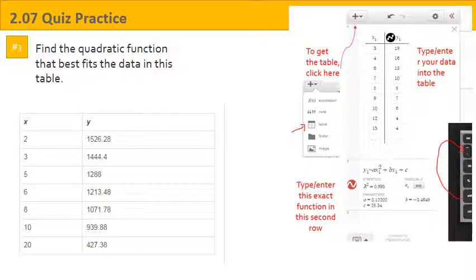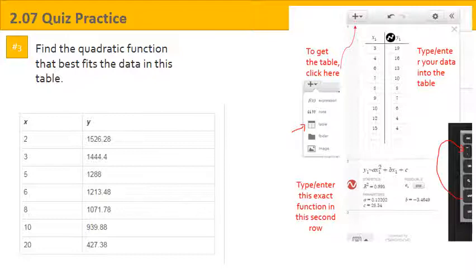All right, so this one is just like number 3 on your quiz. So again, type your table into Desmos. Okay, now you can actually keep the table from before and just delete the table out and make a new one and make sure it says x1 and y1 and your formula stays the same. Okay? All right, so once you plug it in there, you're going to get your parameters.